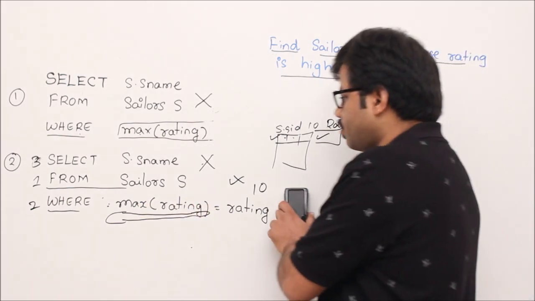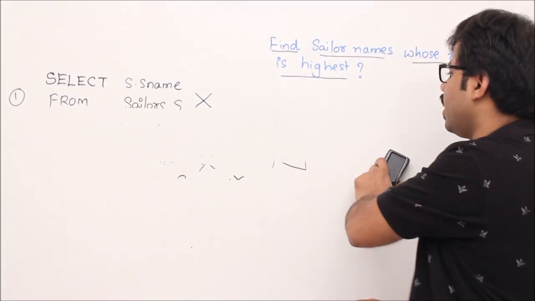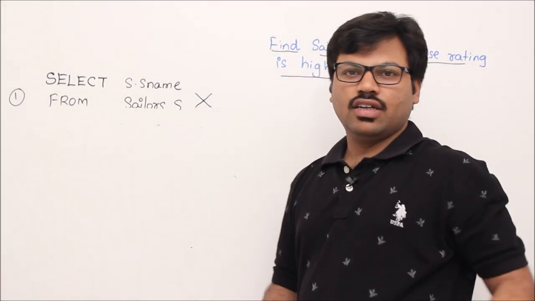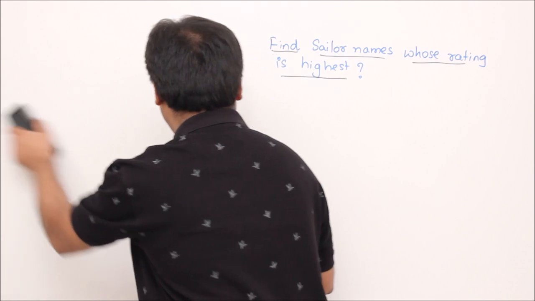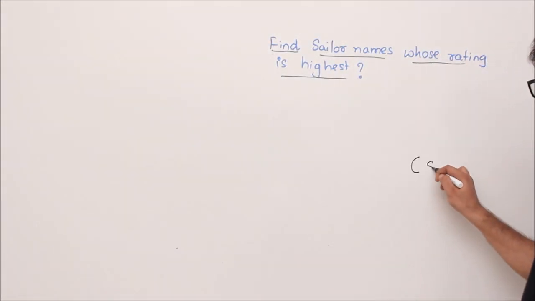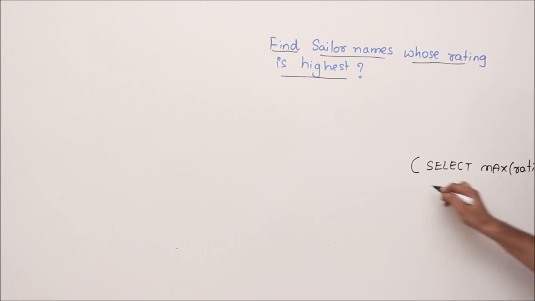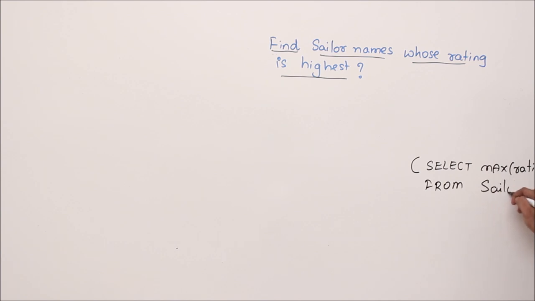Okay. Then how to write it? Our question is finding sailor names whose rating is highest, correct? I do it like this. I use a nested query. In the nested query, first of all, I compute the highest rating. Select max rating from sailors. Now I have computed the highest rating here.